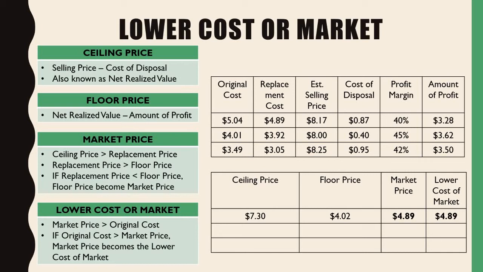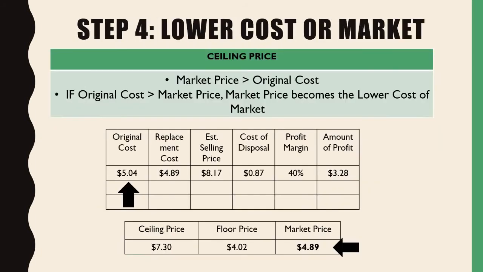So what we're doing here is we're breaking it down and dissecting it to a point where we can determine that if I purchased it at original cost of $5.04, is this going to be validated for me to continue selling my item at $8.17?